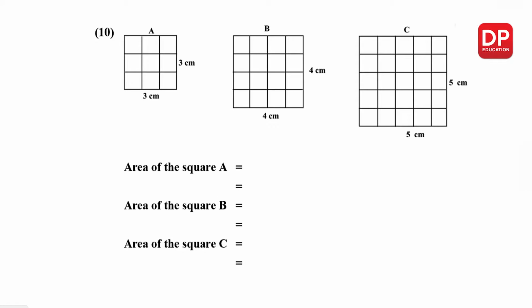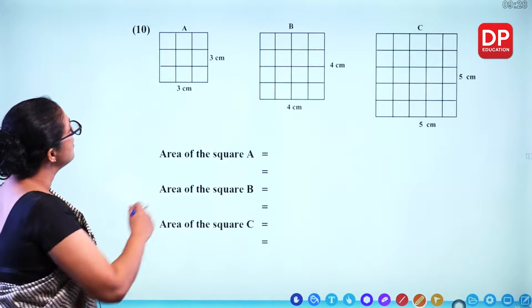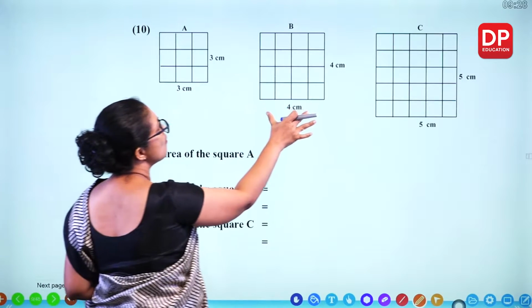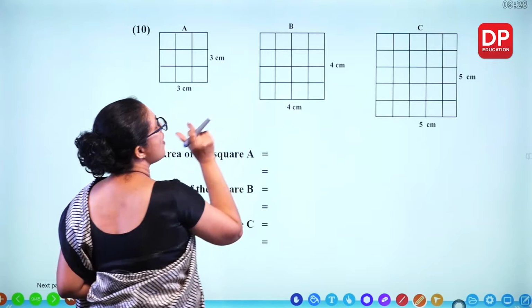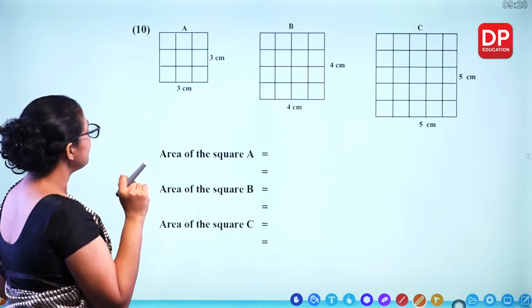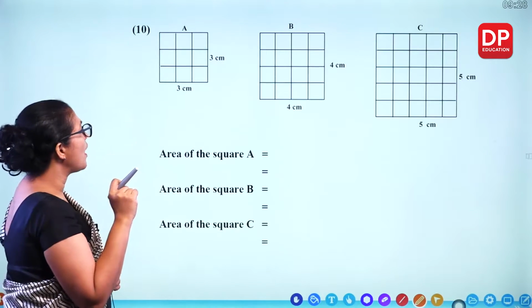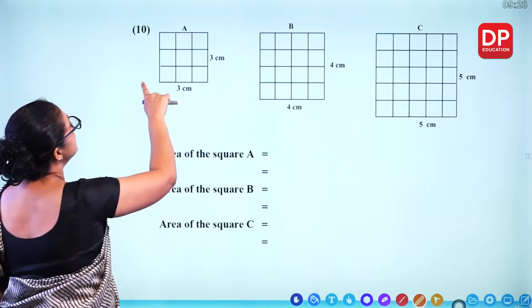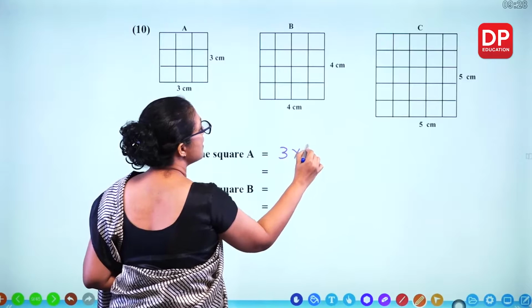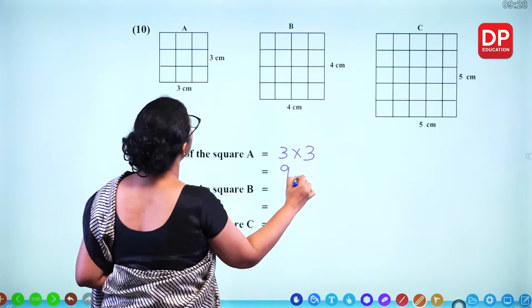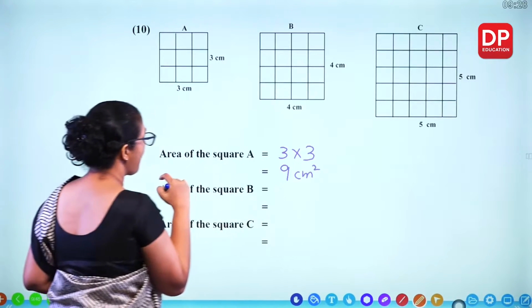Look at these three squares. This is 3 centimeters length, 4 centimeters, 5 centimeters. So each square is 1 centimeter. What's the area of square A? Length into breadth, 3 times 3, you get 9 square centimeters.